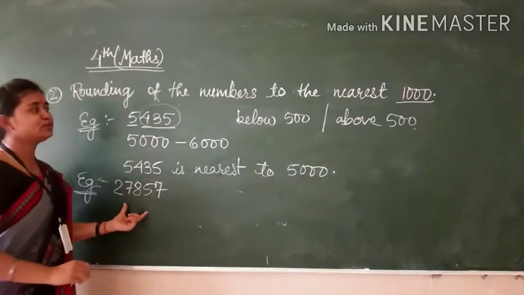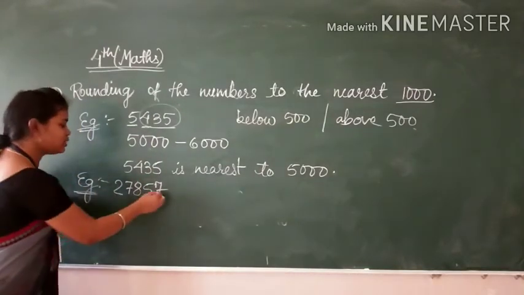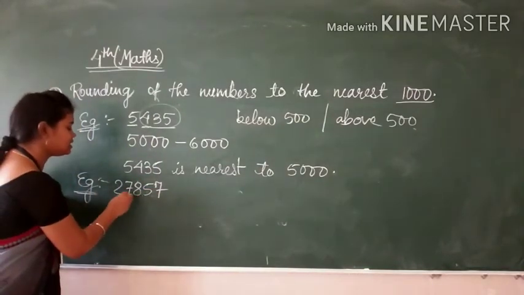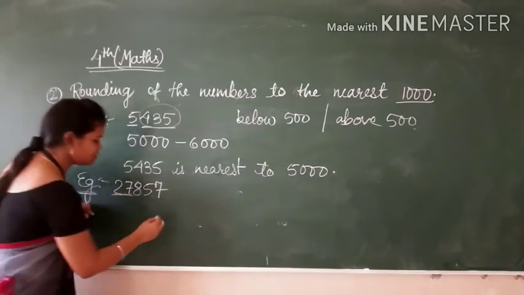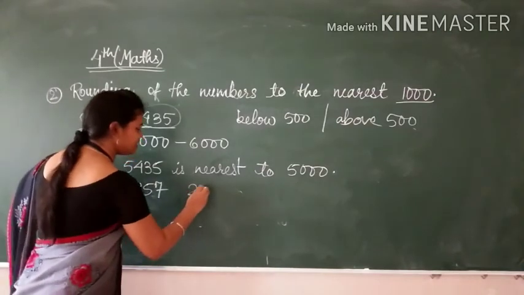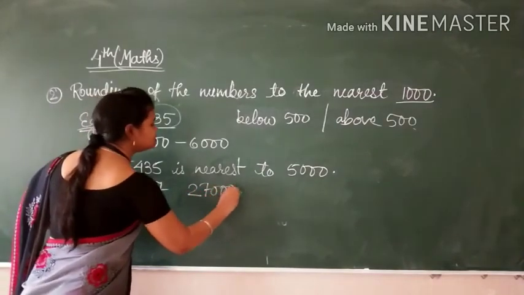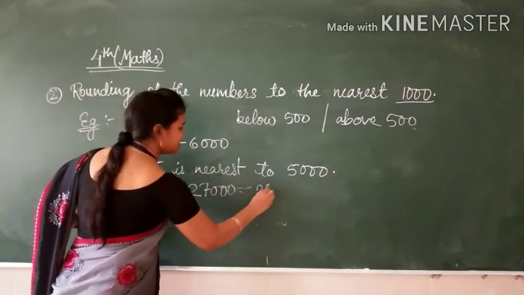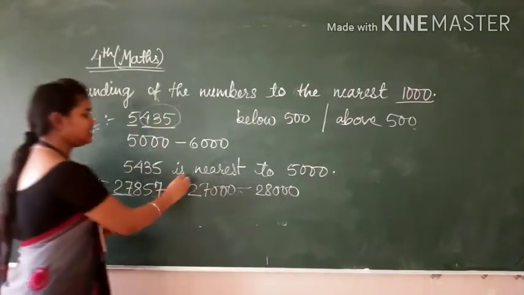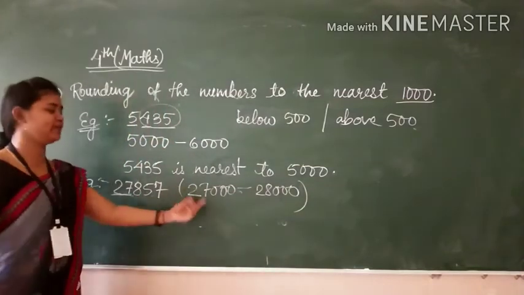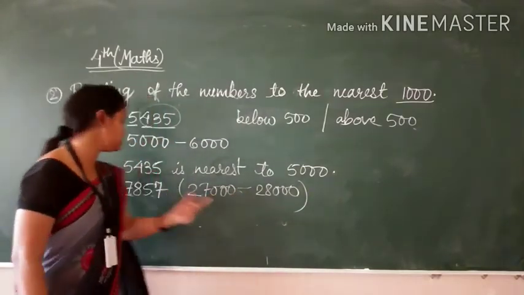Now we have to see the nearest thousand, means ones, tens, hundred and thousand. This is the thousands place, so this will be as it is. So 27. It will be in between the range 27,000 to 28,000. Again, in between this range, it will be nearest to 27,000 or 28,000. This we have to see.